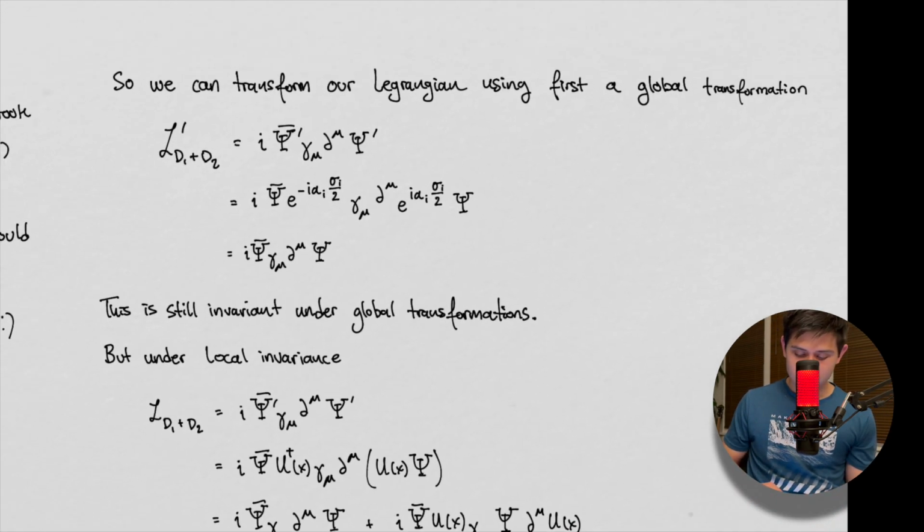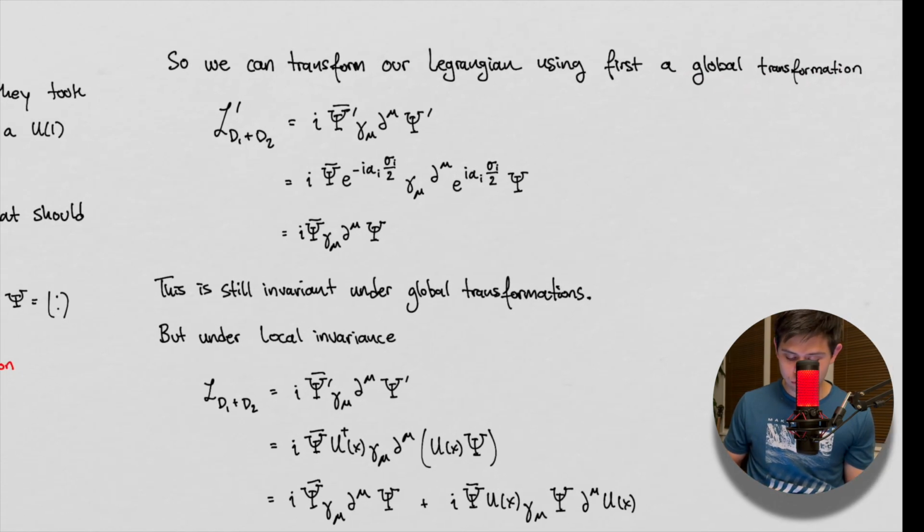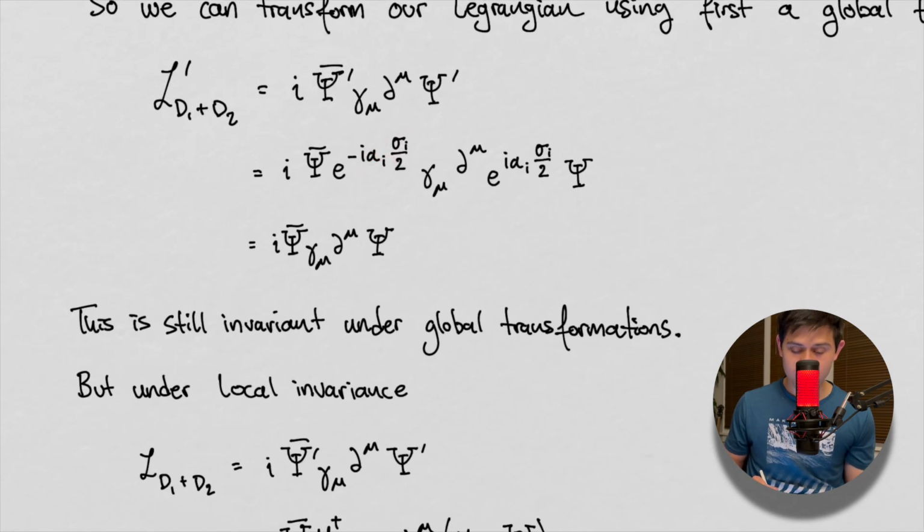Okay, so we now can transform the Lagrangian using a first global transformation. So let's take a look at the global transformation. We have these guys, we now globally transform them, right? Where a_i is just a constant, and again, just a constant here. The only difference again is we have this complex conjugation, and we get this, right?